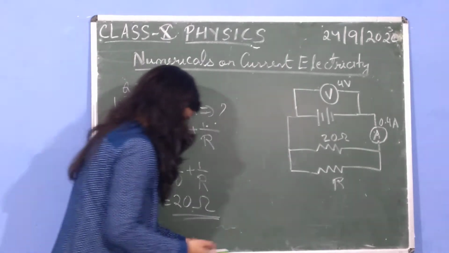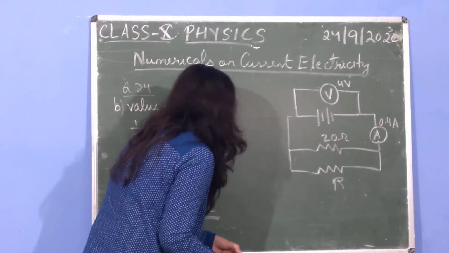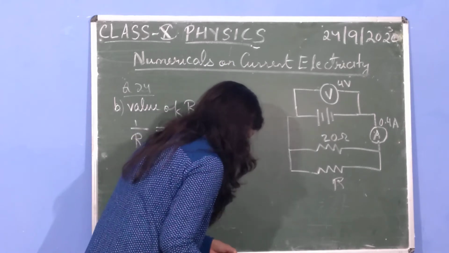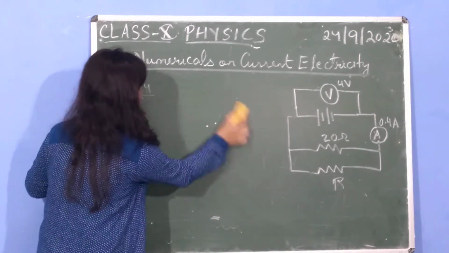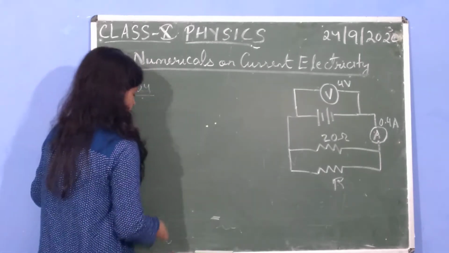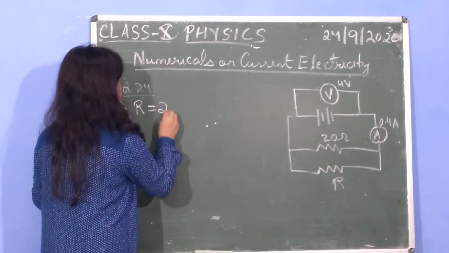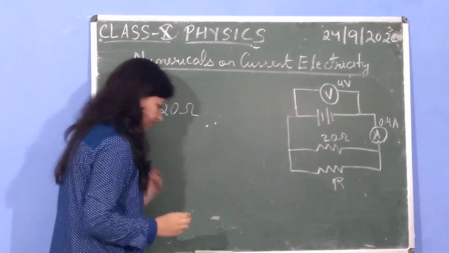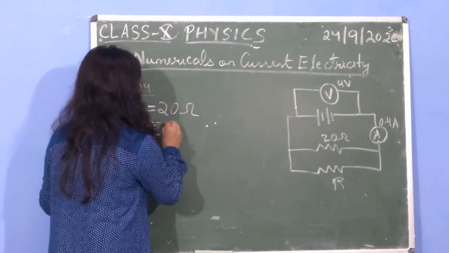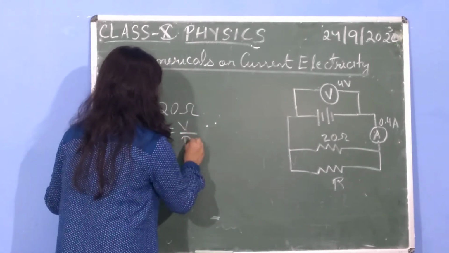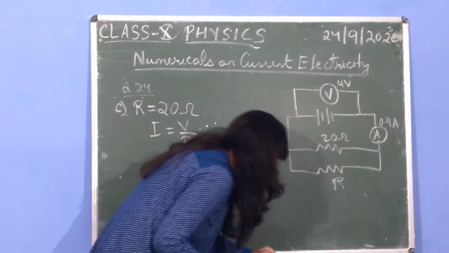So the unknown value of R is equal to 20 ohm, which we have calculated using the parallel combination formula. Thirdly, you need to calculate the current flowing through R. In a similar manner to question number 22, we will find the current flowing through R, which we have calculated to be 20 ohm. Using the formula I is equal to V divided by R, as V is equal to IR from Ohm's law.